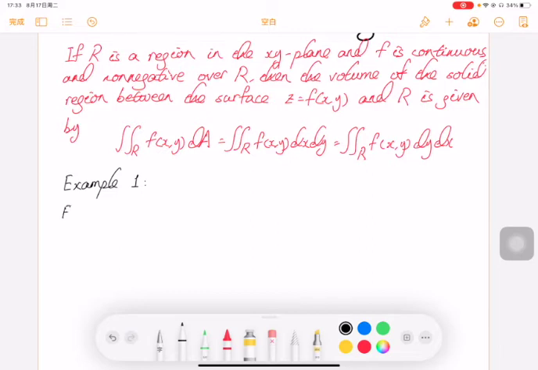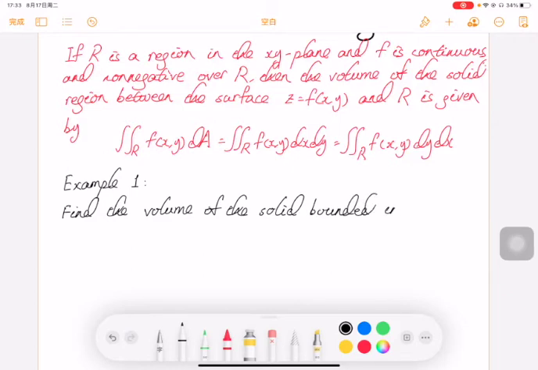Let's try to find the volume of the solid bounded in the first octant.